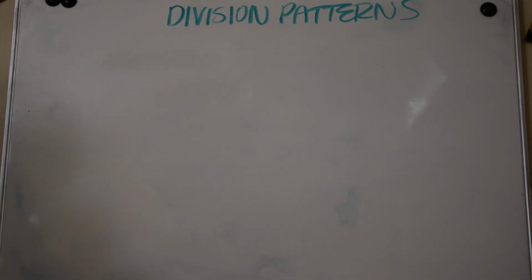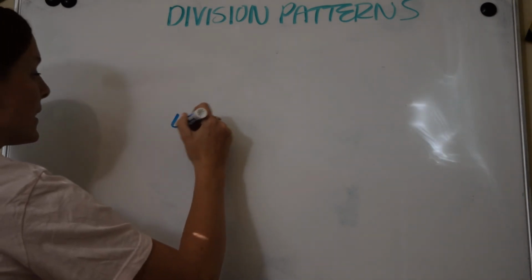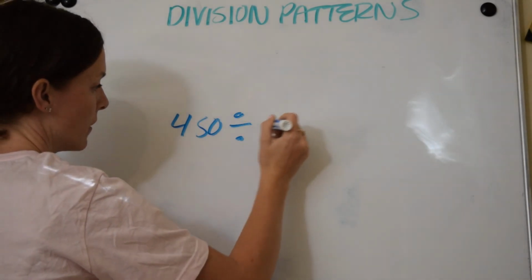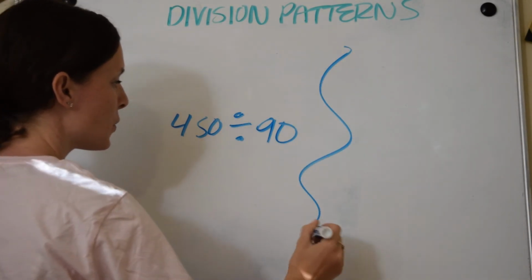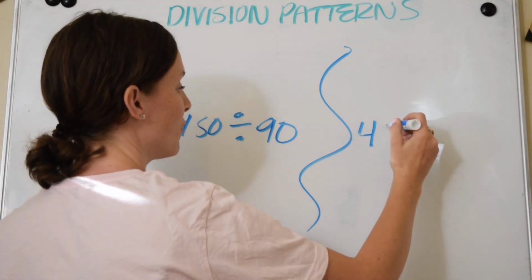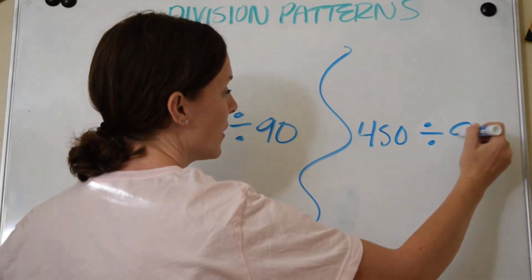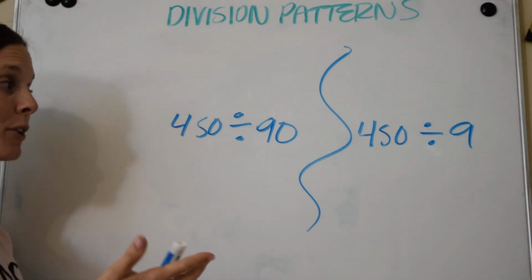What if we had, let's see, 450 divided by 90? And we'll compare that to what we do if the problem said 450 divided by 9. These are two completely different equations.